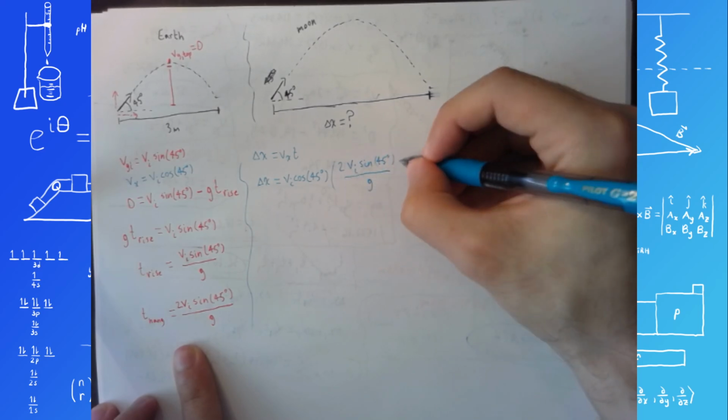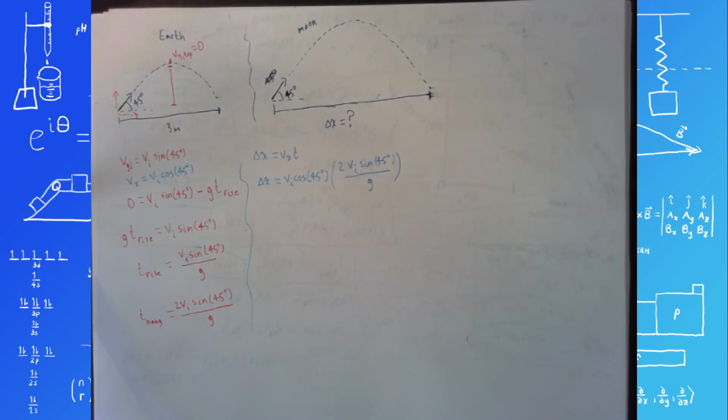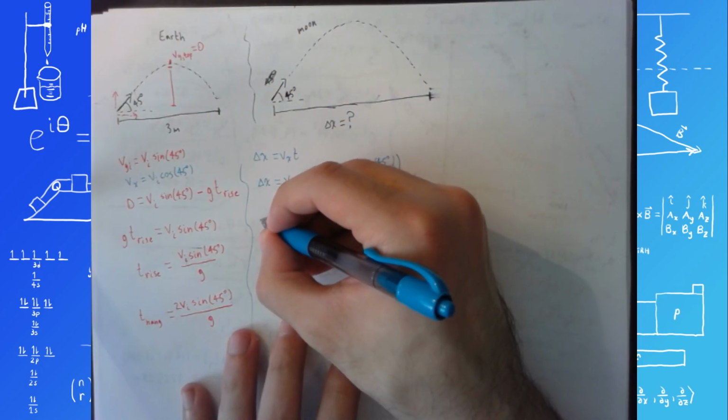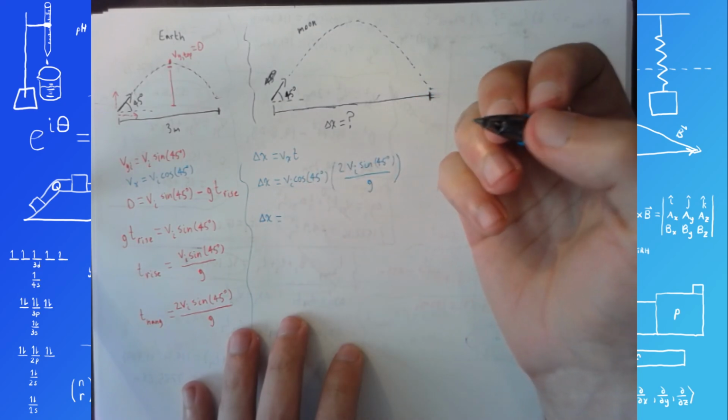Some of you might be seeing something familiar from pre-calculus here. Those who haven't had pre-calculus yet, or you're still in pre-calculus and haven't gotten to that part yet, you probably don't know what I'm talking about, but it's okay. You'll learn it eventually. We don't actually need it here, but we will need it for a later problem.